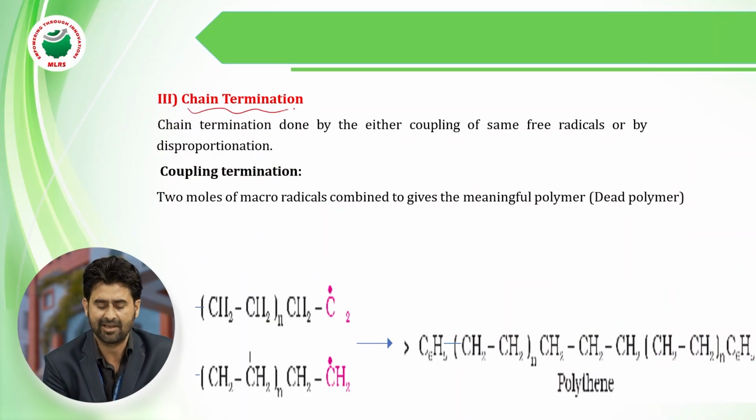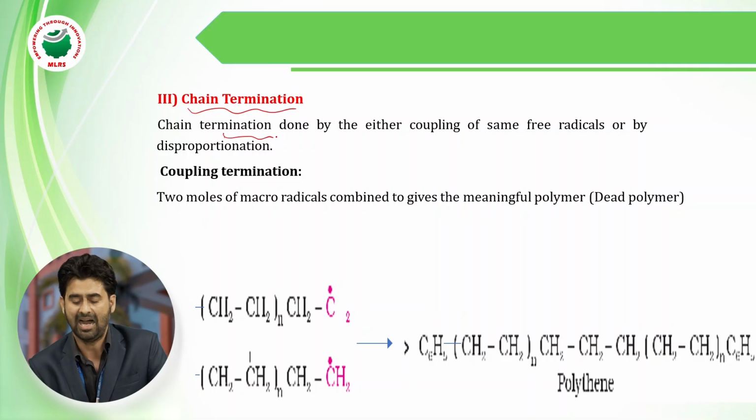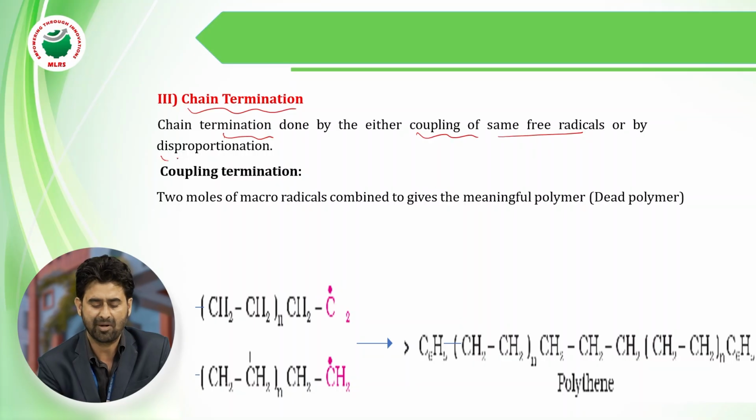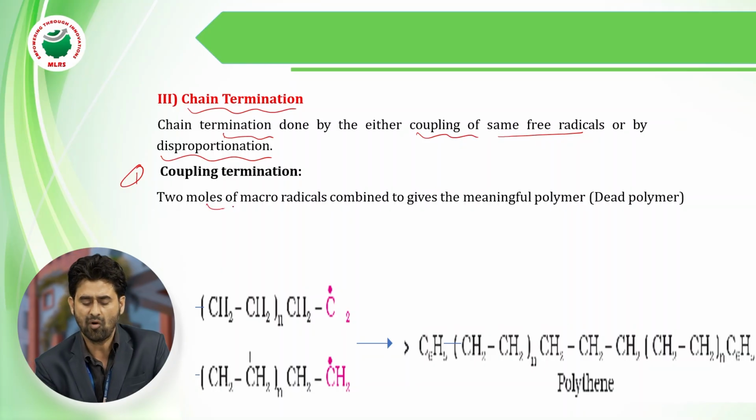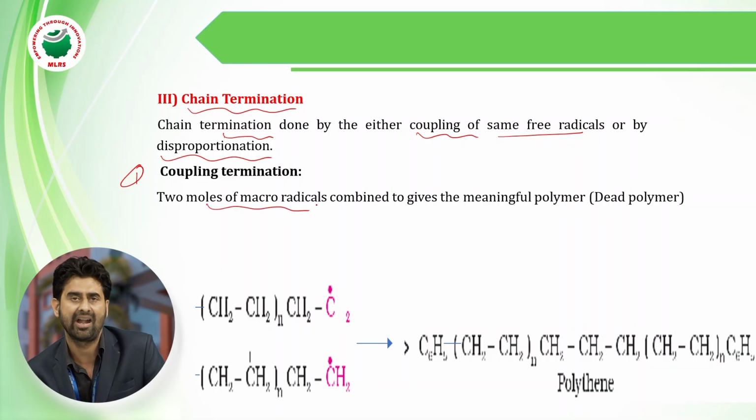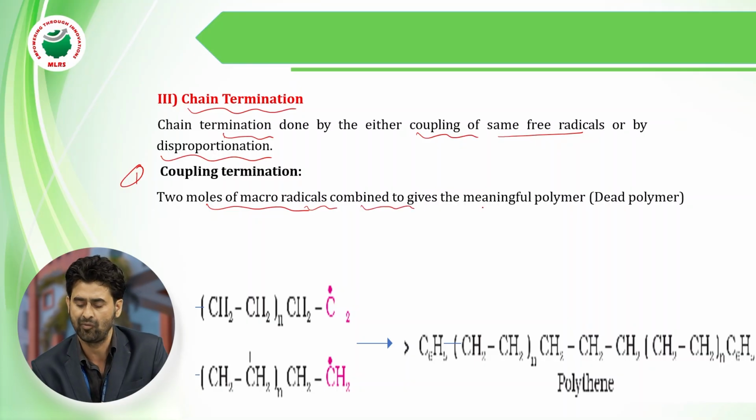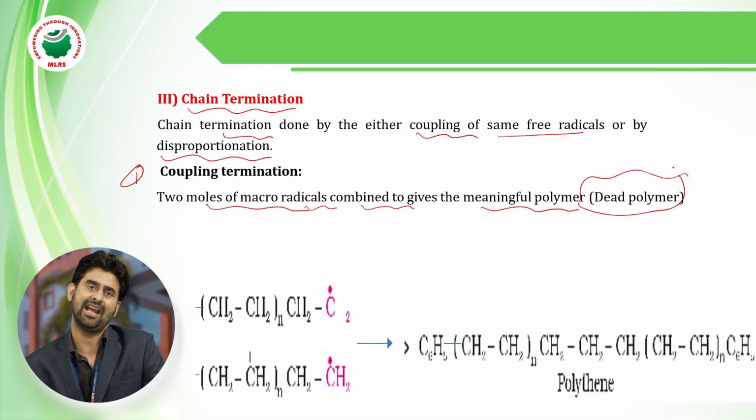Then there is chain termination. Chain termination is done either by coupling of free radicals or by disproportionation. First is the coupling termination. Two molecules of macro radicals that are formed by the repetitive addition of monomer units with the radical combine to give the final polymer, or we can say the dead polymer, that is, the chain termination polymer.